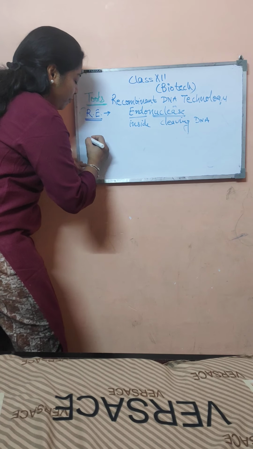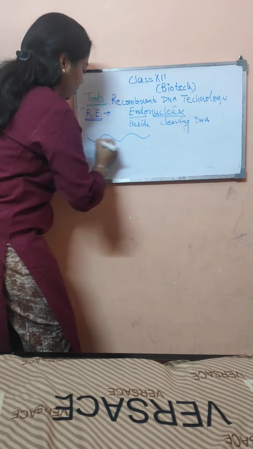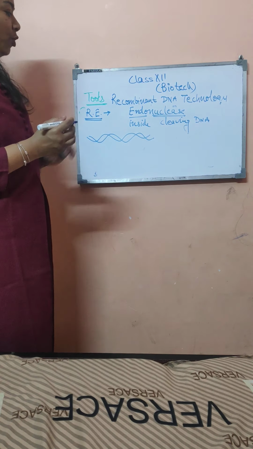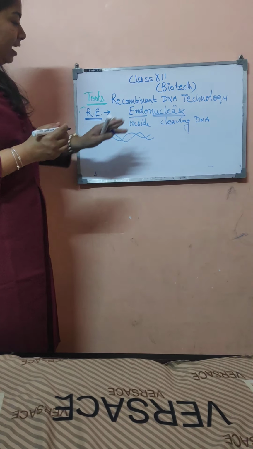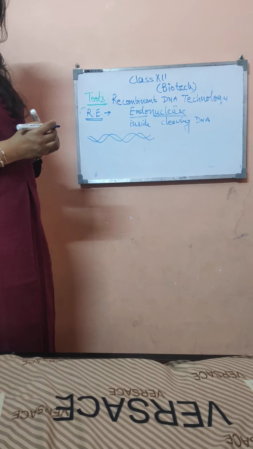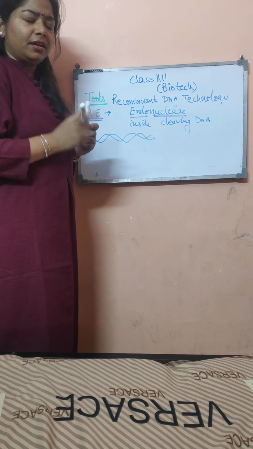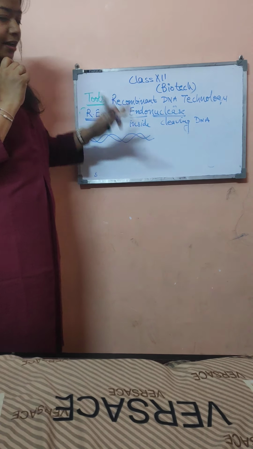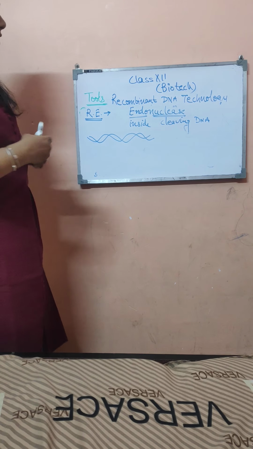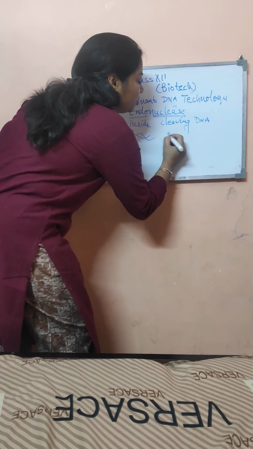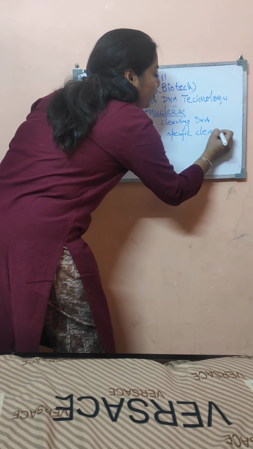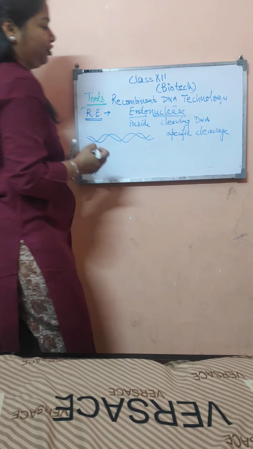It means when we have a particular DNA segment, these restriction endonucleases can cleave this DNA, but is it a random cleavage or a specific cleavage? Yes, it is a specific cleavage. We even say it is a very, very specific cleavage.